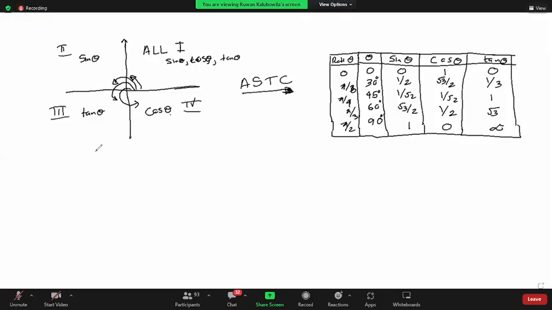Okay. Now, using this table, you can simply find the values for these exact angles. These are well defined.